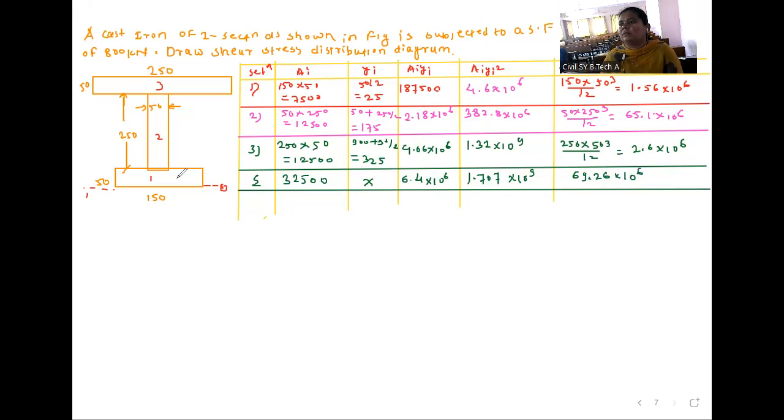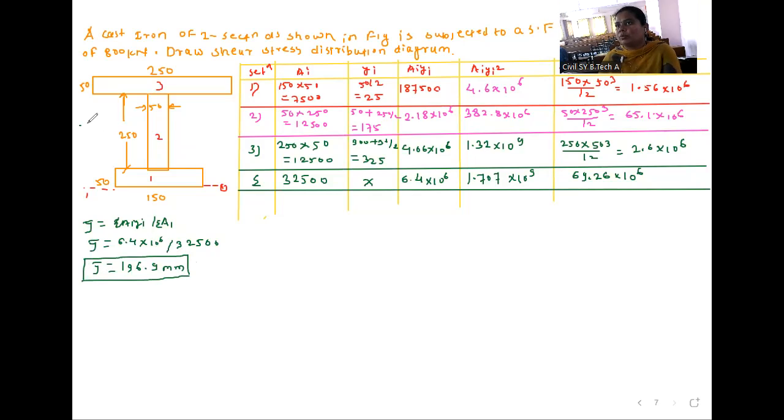After that, we will calculate y bar. So y bar is summation of ai yi divided by summation of ai. So y bar, which is equal to 6.4 into 10 raised to 6 divided by summation of ai 32500. So y bar is equal to 196.9.